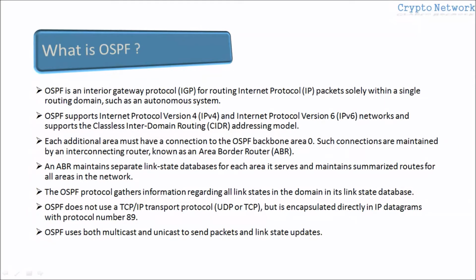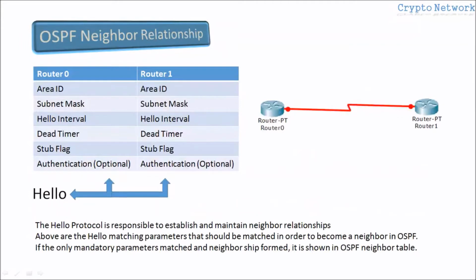So, neighbor relationship in OSPF. Hellos are sent out periodically on OSPF routers and they form an adjacency with a peer router when it sees its own router ID in the neighbor field of another router's hello message. We have some mandatory parameters that should be matched, like area ID, subnet mask, hello interval, dead interval, stub flag, and authentication.